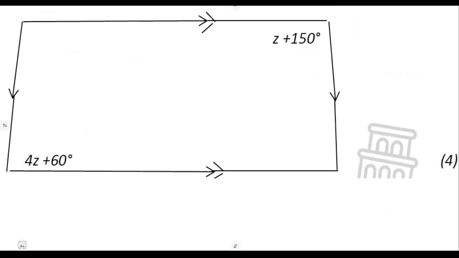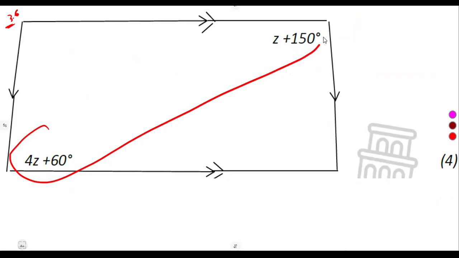The other part we are given is a parallelogram. This one is question 3.6. We have a parallelogram with opposite sides parallel. On a parallelogram, we do understand that opposite angles are equal. It's a property of a parallelogram.